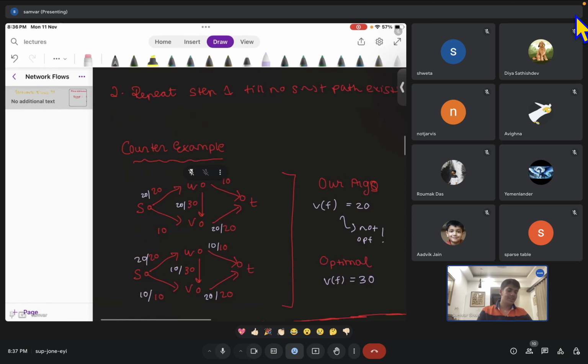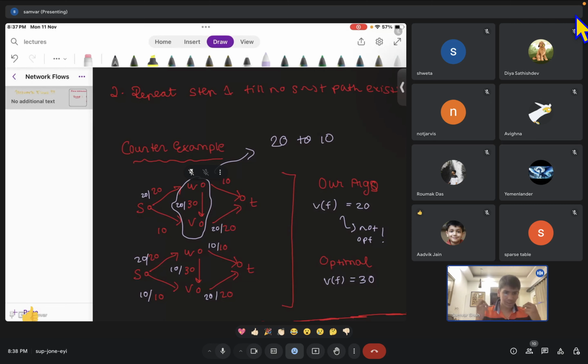So here is where all the magic begins for network flows. Once I pushed 20 from U to V, and then I realized, oh wait, I've messed up. If I had an option to undo 10 flow, isn't that exactly what I want? If I could change this 20 to 10 later on, then I'm getting what I want, right?